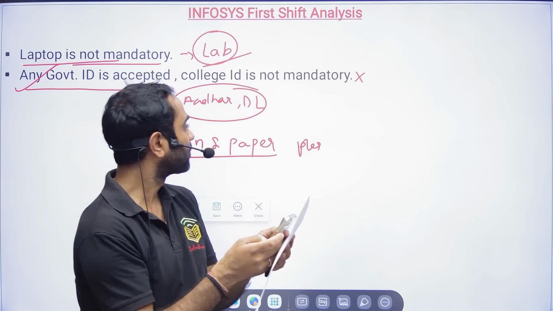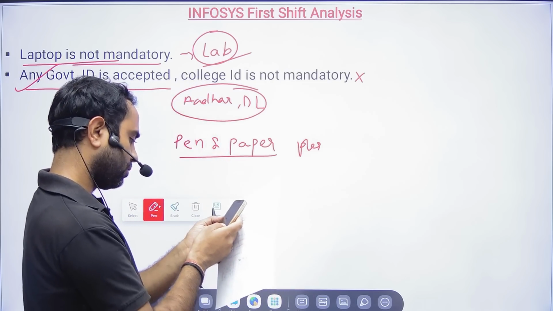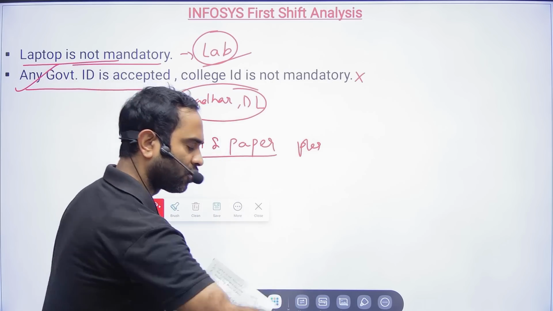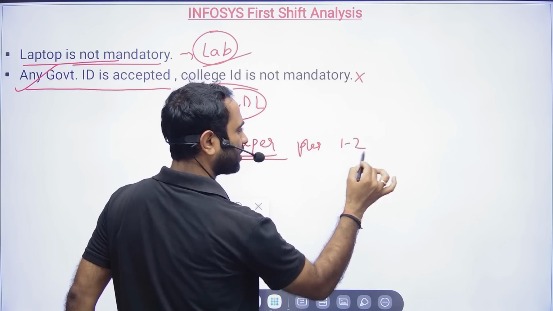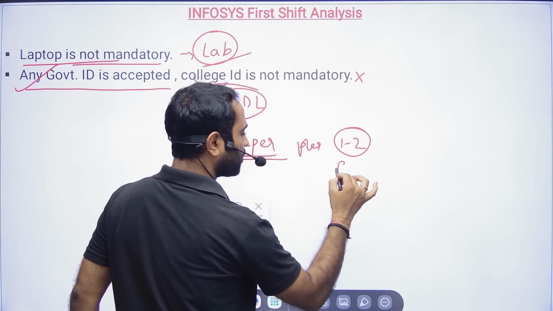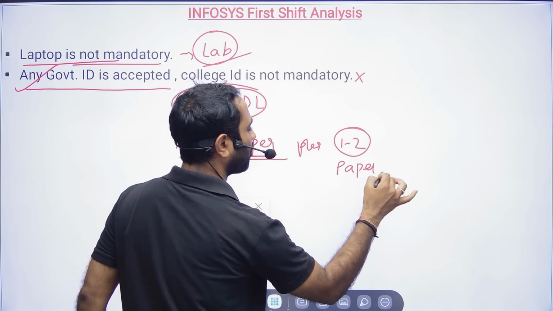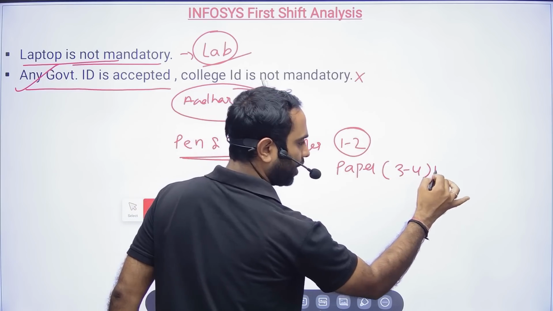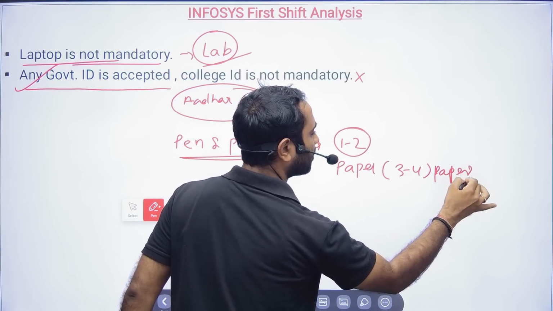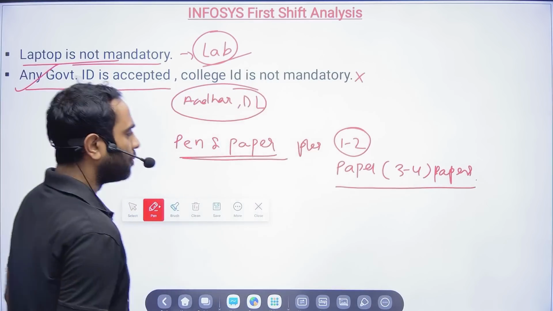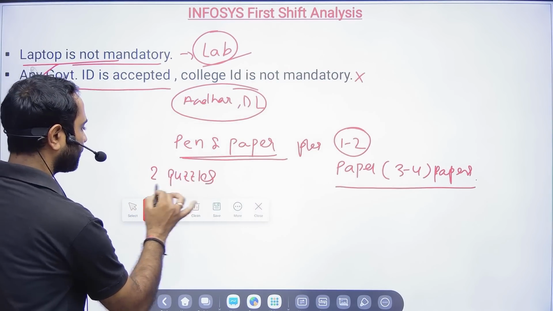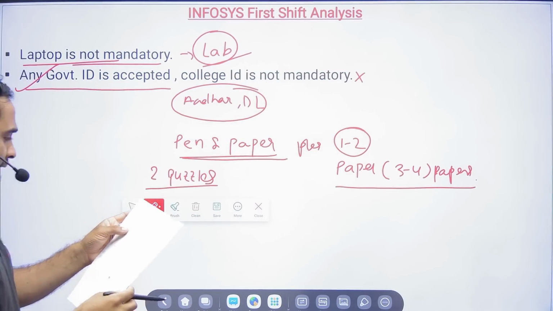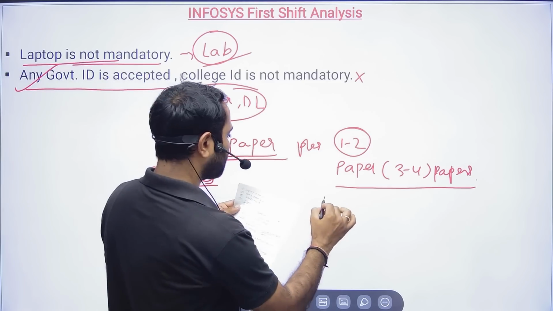So take 1 or 2 pens and take papers, some 3-4 papers. One you have to give them and another one you can keep with you. Minimum 2 puzzles you need to solve. There is no other go.